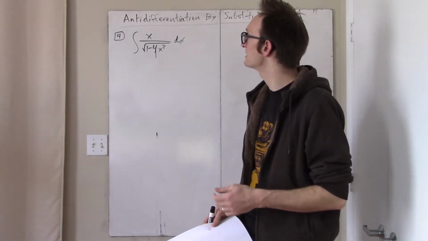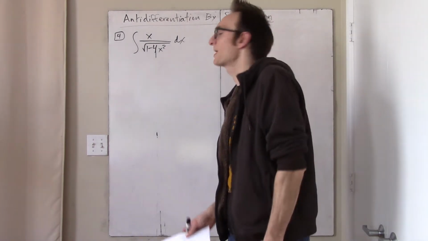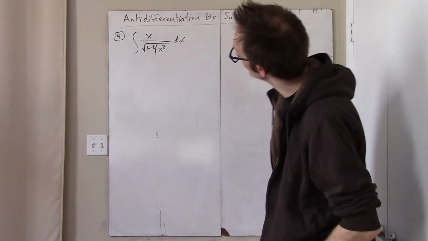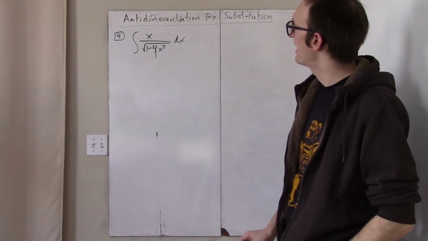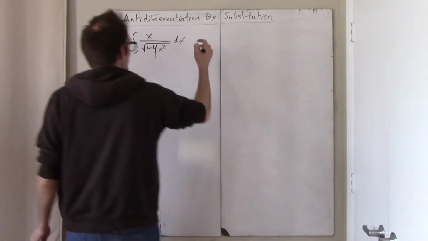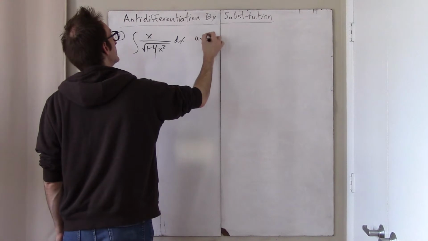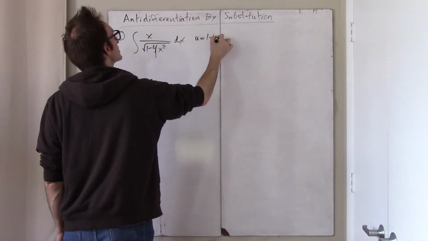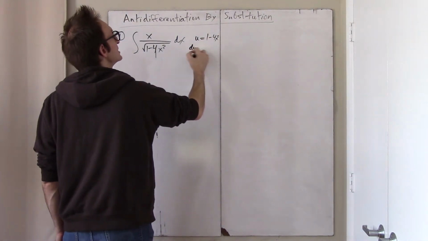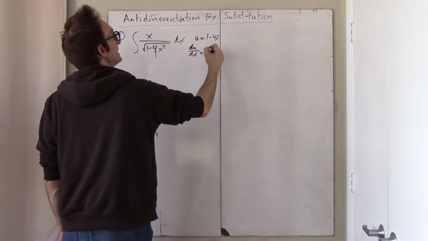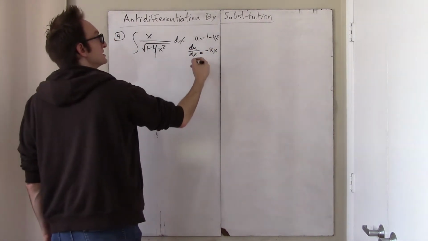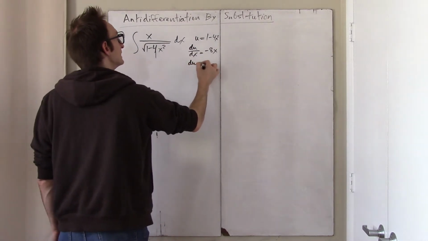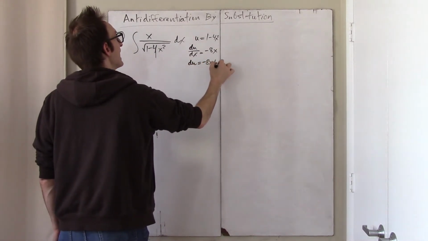Well, we have to antidifferentiate x over root 1 minus 4x squared. How are we going to do that? Well, it looks like some chain rule happened here. And so, if I let u equal 1 minus 4x squared, then differentiating both sides with respect to x gives me negative 8x, and du is negative 8x dx.